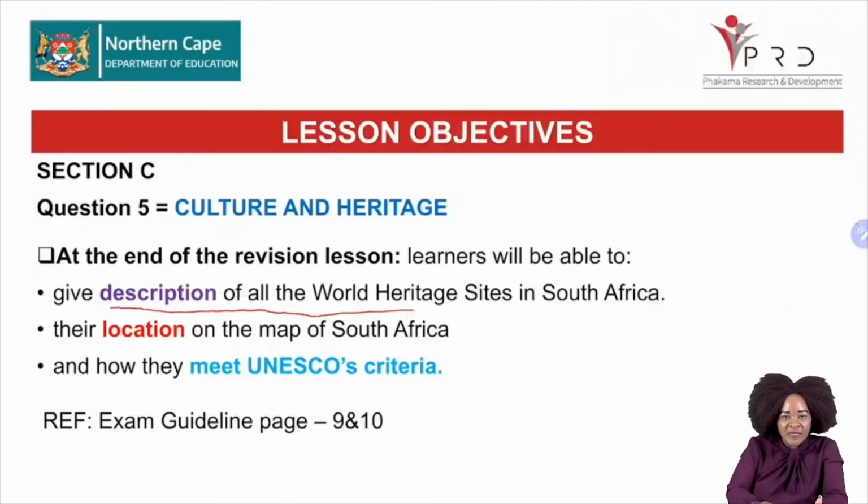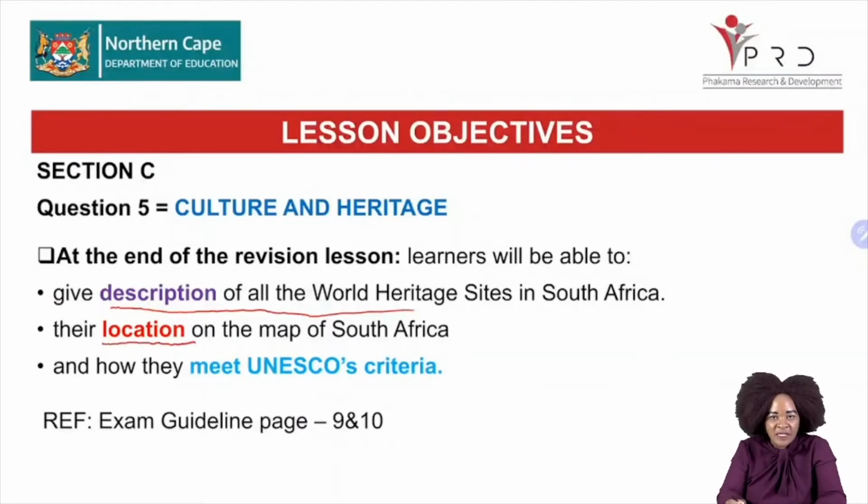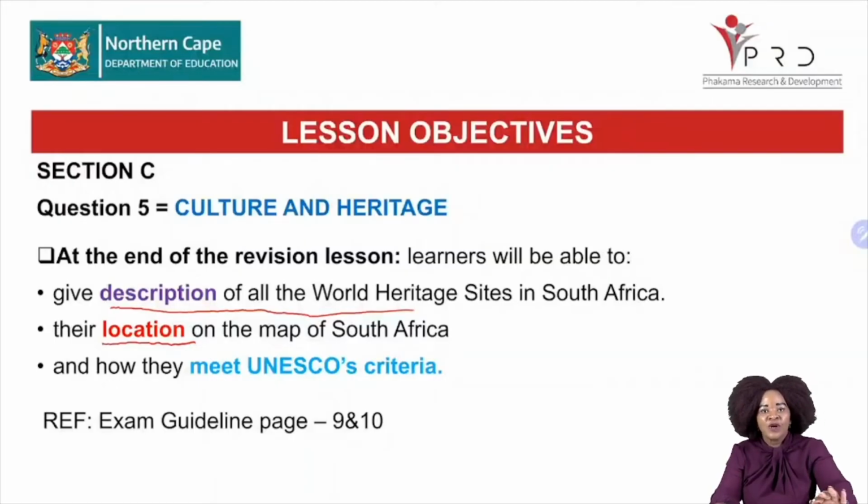So apart from the description of the World Heritage Sites, grade 12 learners, you must know the location on the map. If you are given a South African map, will you be able to locate all these World Heritage Sites? But before you can do that, you will need to know the map of South Africa and the provinces where they are located.